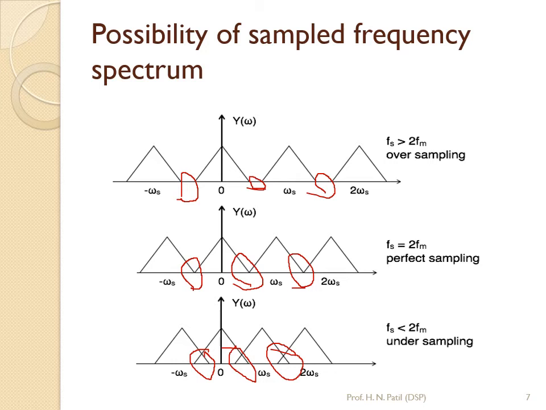This is done by the analog to digital converter having a high sampling rate. The sampling theorem indicates that the sampling should always be done with fs greater than twice fm, that means oversampling, or in the worst condition it should be perfect sampling. But if you go with the undersampling technique, then the signal can be lost.